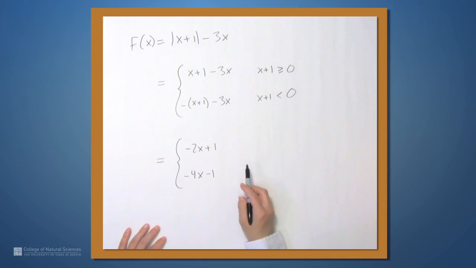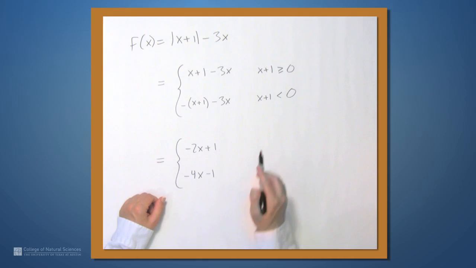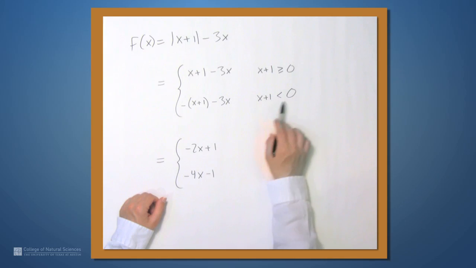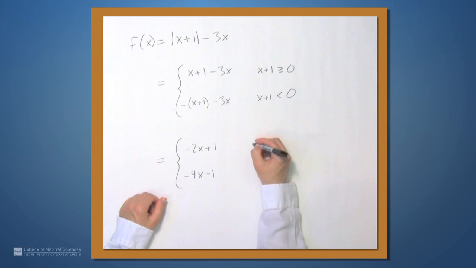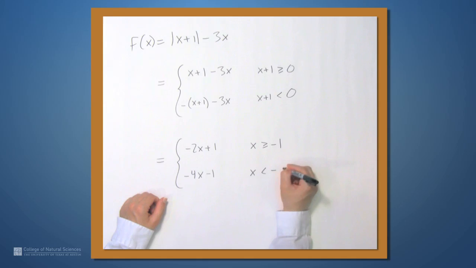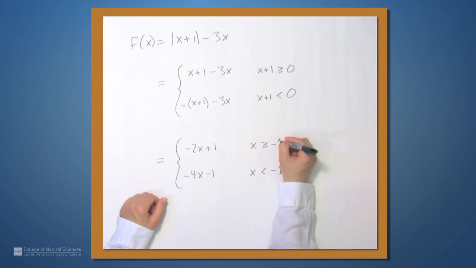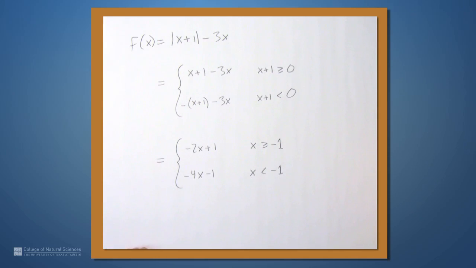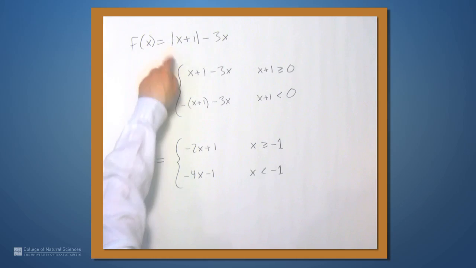And then these conditions we can also rewrite like we did in the previous example, only it's even easier here. We just move this plus 1 to the other side. So on the top we get x greater than or equal to negative 1 and x less than negative 1. And here is our piecewise version of our original function.